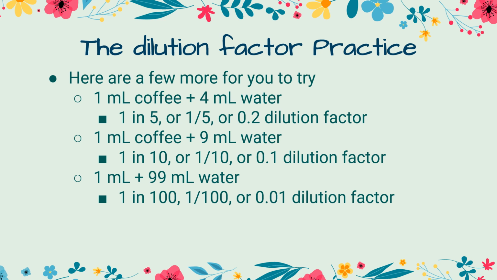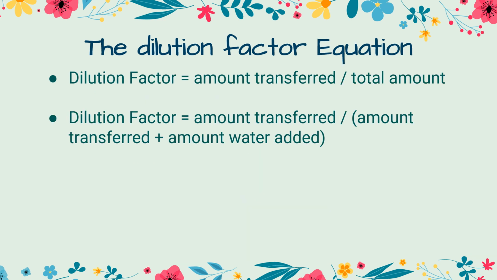It's not super hard. It is actually easier for you just to remember it is what you're adding to what you want over whatever. But there's an equation for it. The equation would be dilution factor equals the amount transferred divided by the total amount.